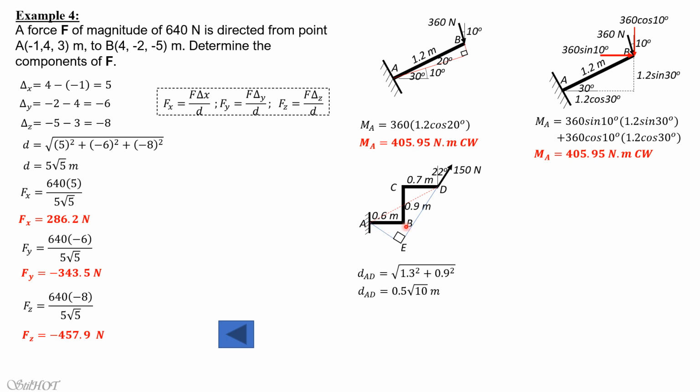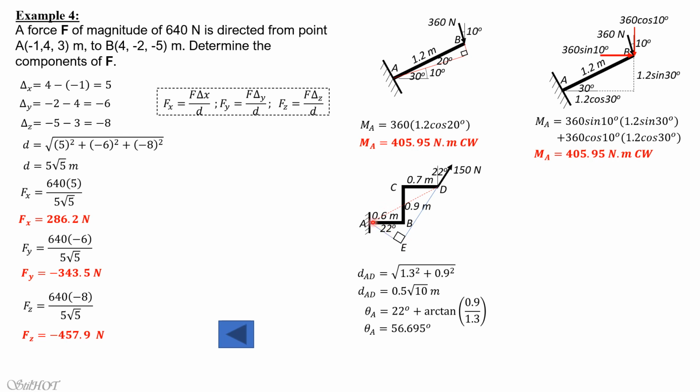This angle is 22 degrees, just like that. So the total angle at A is 22 degrees plus arctan of 0.9 over 1.3, which is 56.695 degrees.